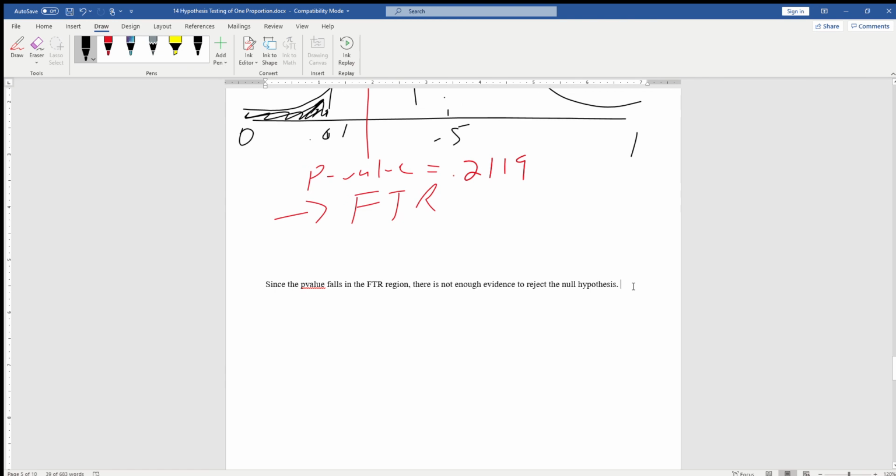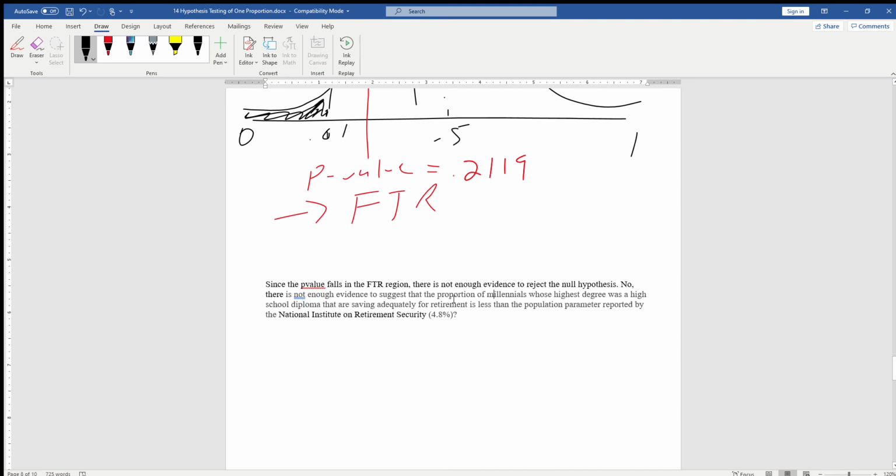We're going to say no. There is not enough evidence to suggest that the proportion of millennials whose highest degree was a high school diploma that are saving adequately for retirement is less than the population parameter.